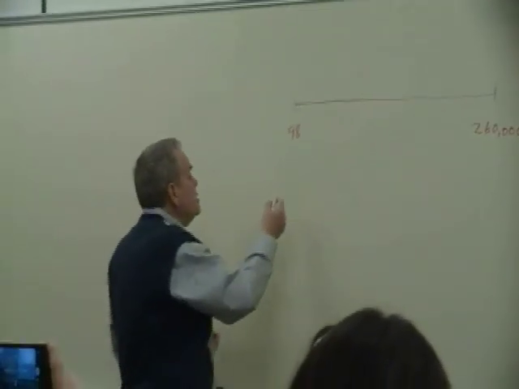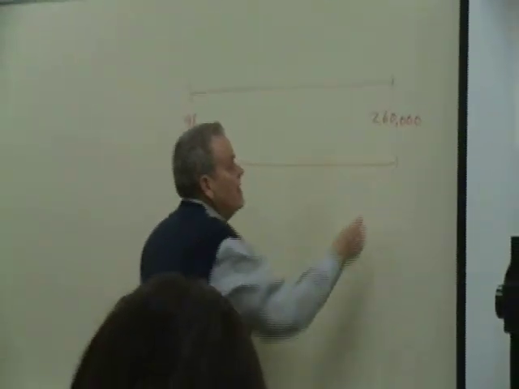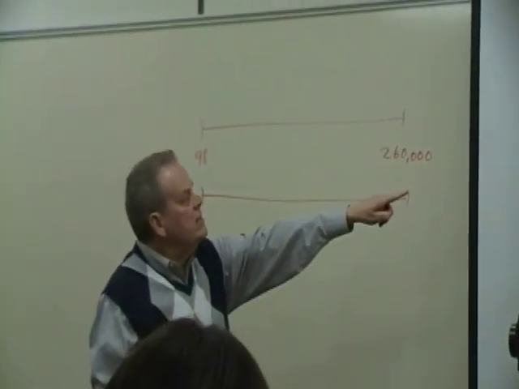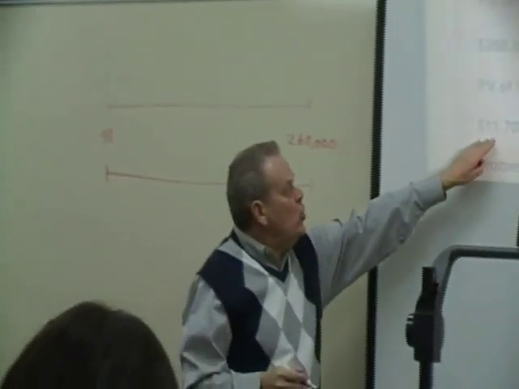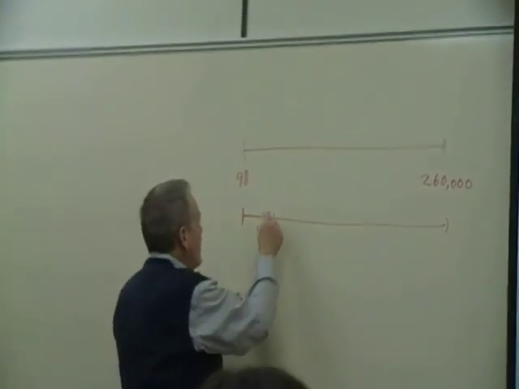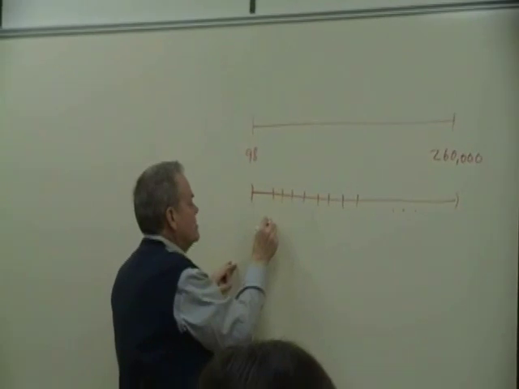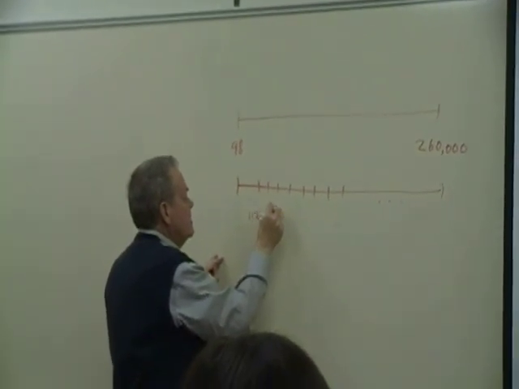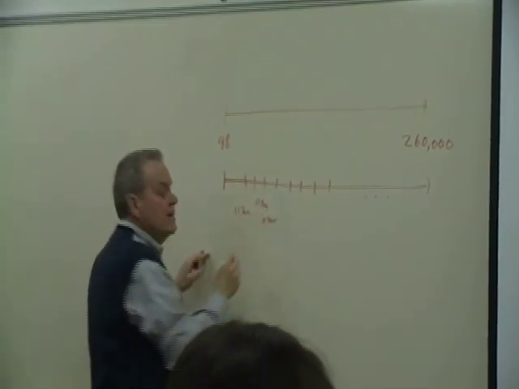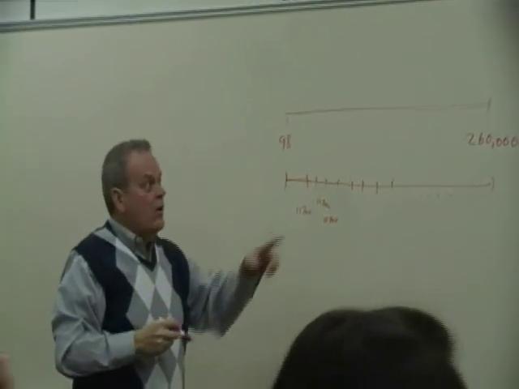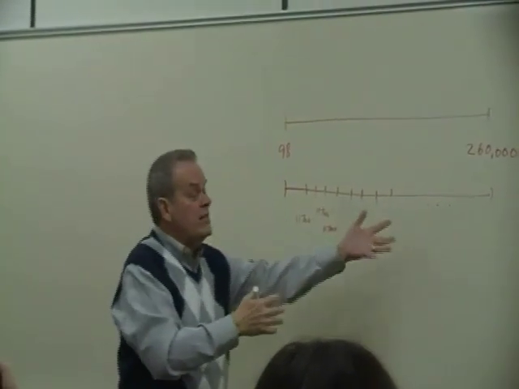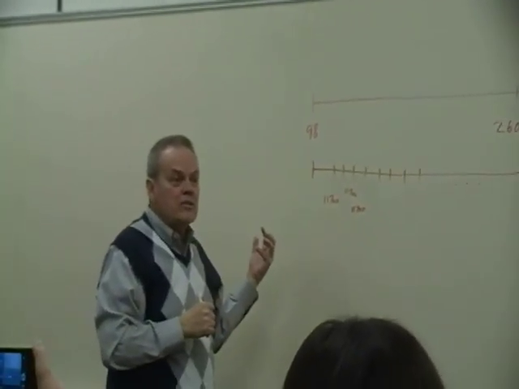Now, did you realize that the other part of this calculation, that 20 times we're going to pay $11,700 in interest? And what I want to know is the present value of all those future promises.